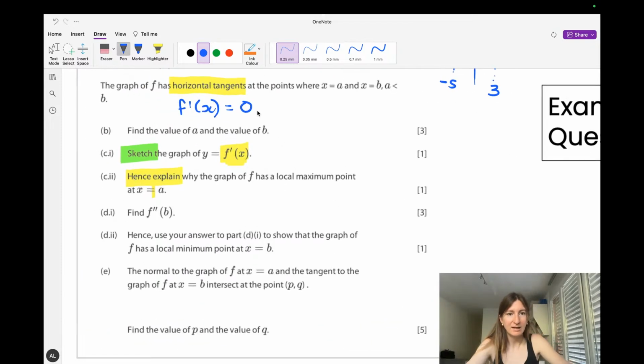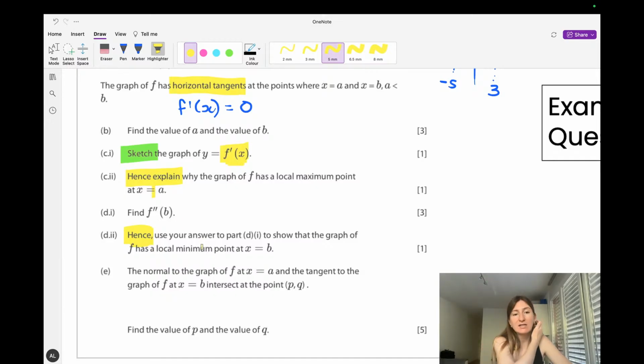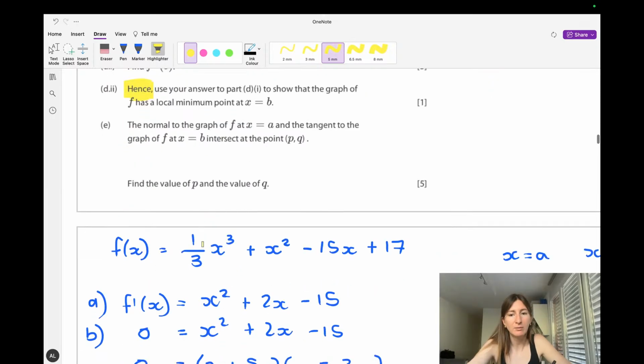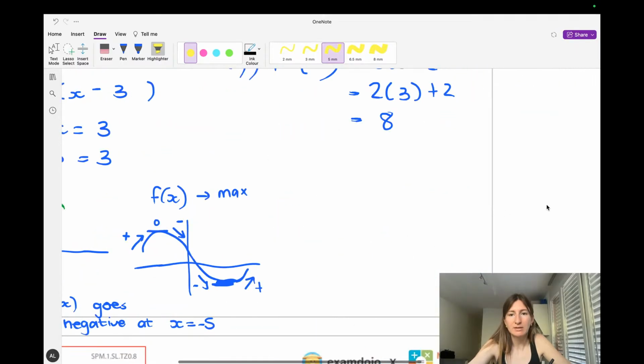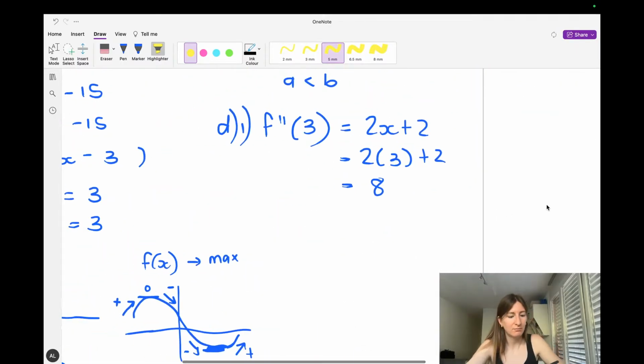Hence, again, a hence. Use what you had in the previous question. Hence, use your answer to part D to show, well, here they tell you, that the graph has a local minimum point at x equals b. A local minimum. So what do we know about second derivatives and local minimums?